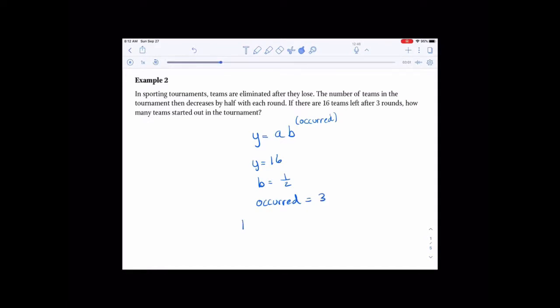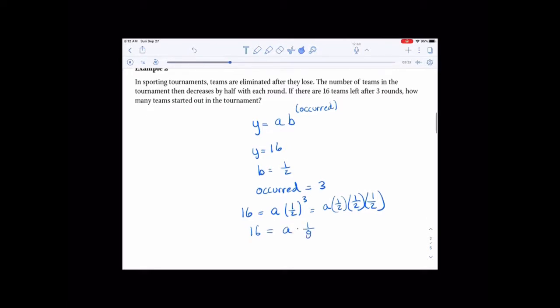So we would have 16 equals a, which we are trying to determine our initial amount there, multiplied by 1/2 raised to the 3rd power. This is equivalent to a multiplied by 1/2, and then it's multiplied by 1/2 again, and multiplied by 1/2 one last time. So 16 is equal to a multiplied by 1/8.